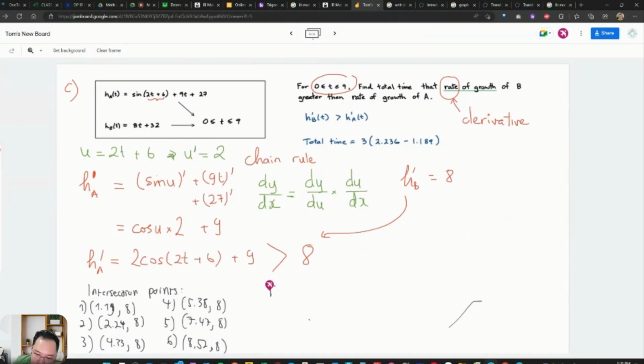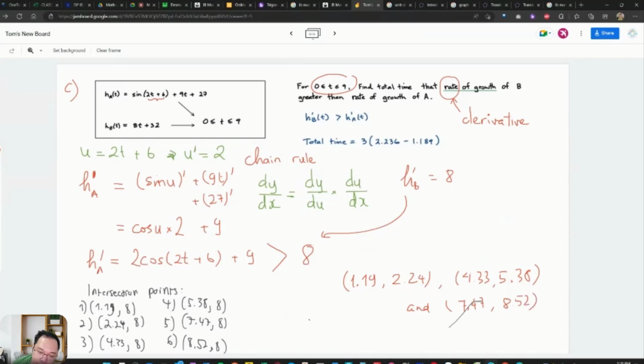So the time interval, no, you should write like this. The time interval in which the rate of B is greater than the rate of A is from 1.19 to 2.24 and 4.33 to 5.38 and finally 7.47 to 8.52.